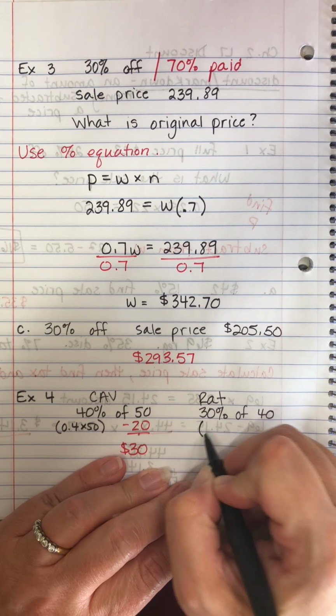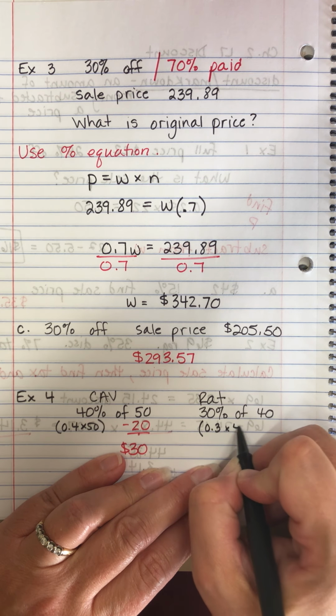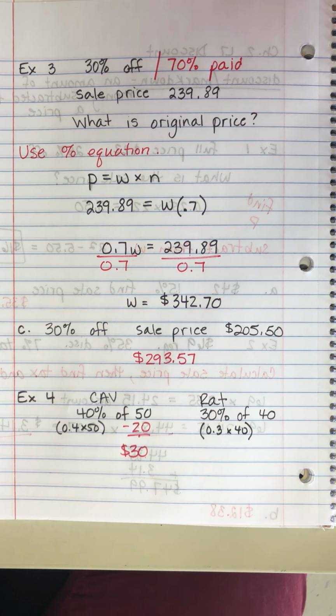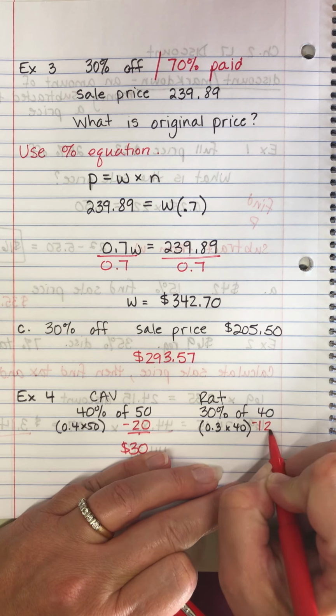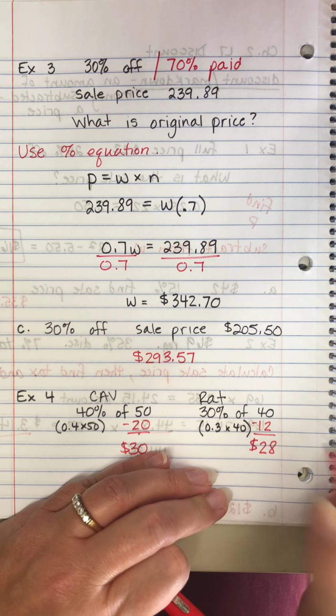Here, I'm going to do 0.3 as a decimal times 40. That should be 12, but let me double check my math. Yep, $12 off. So I'm going to subtract $12 here to get a sale price of $28.